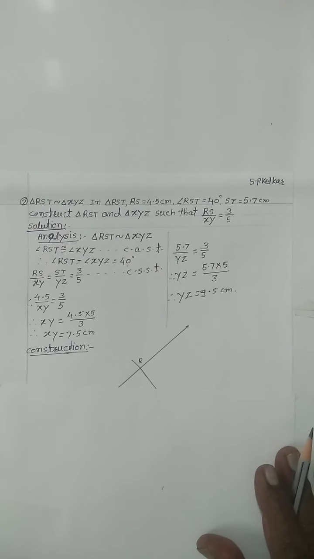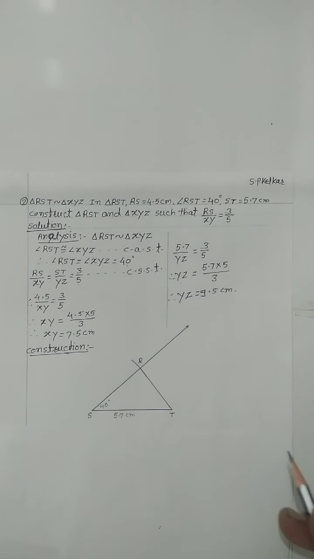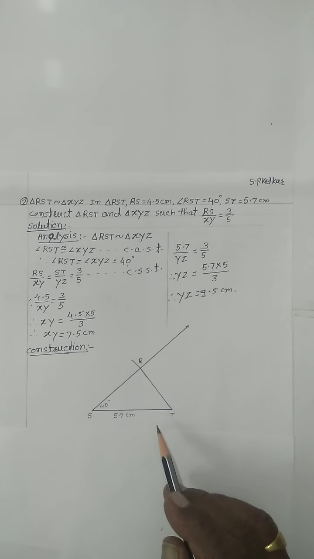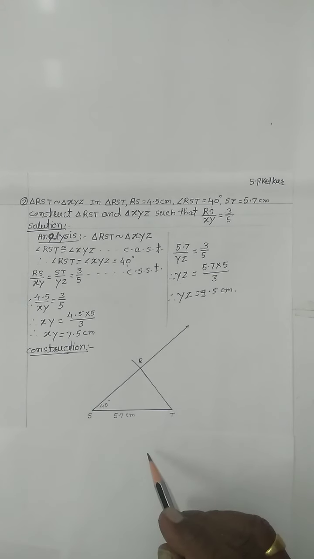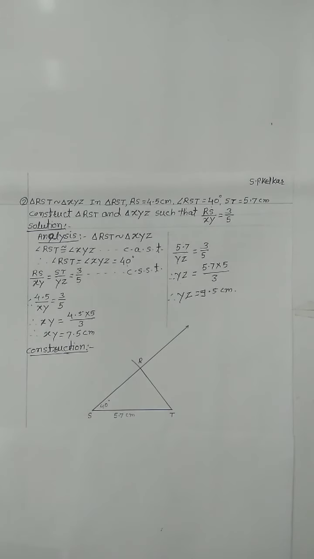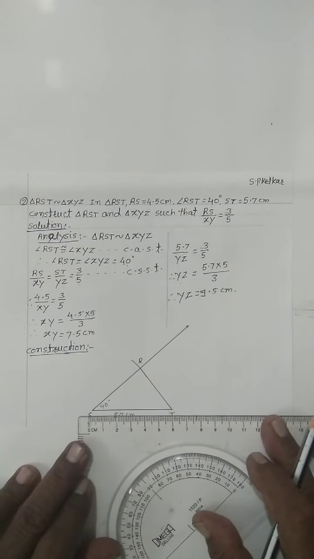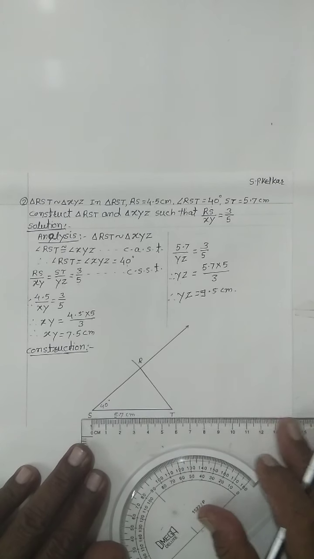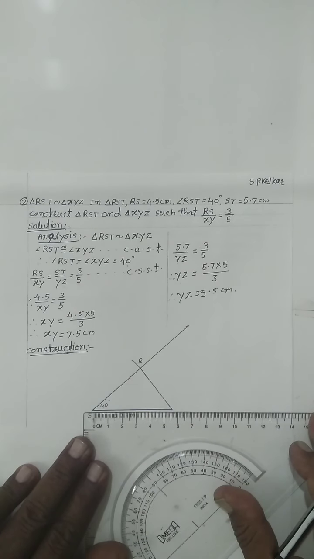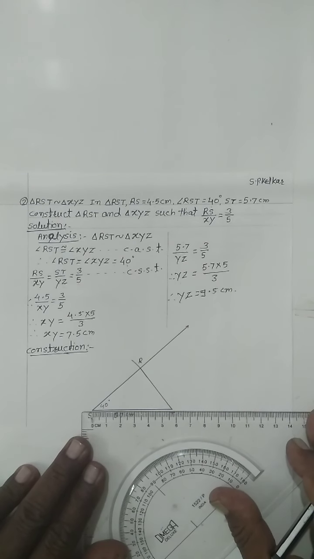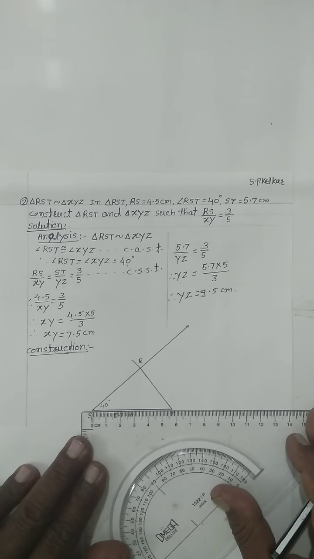Now construction. Firstly draw the triangle RST. For that draw the side ST, using the scale 5.7 centimeter.